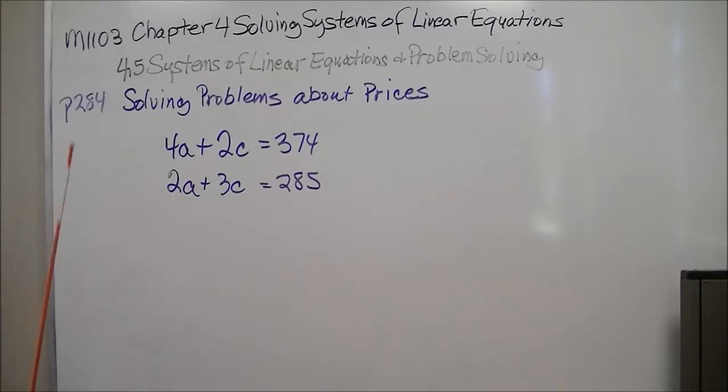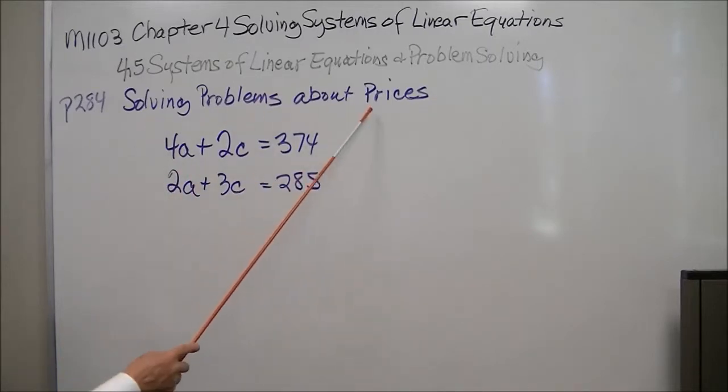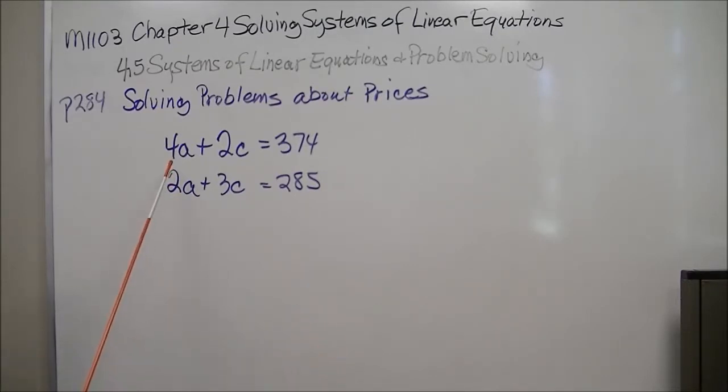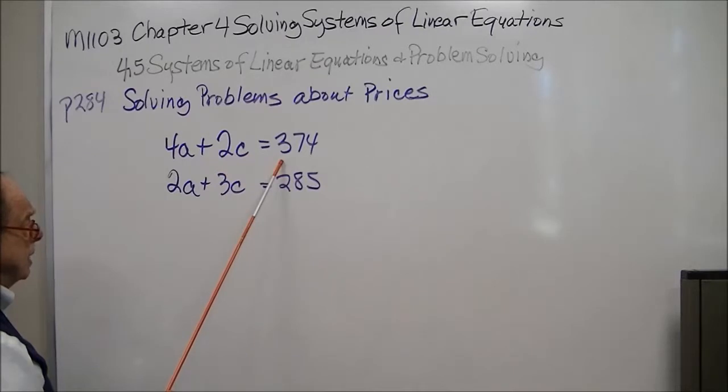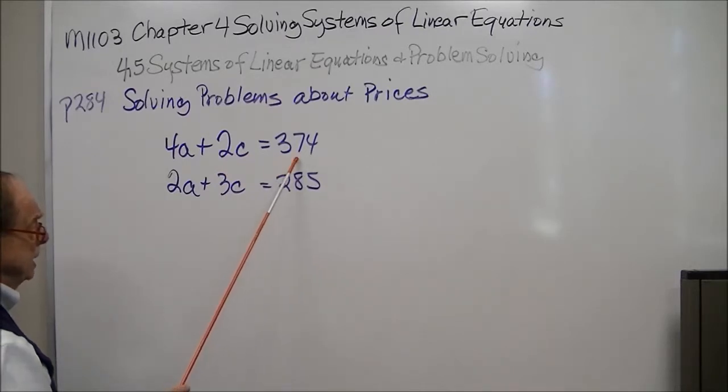In example 4, I believe, we're going to solve problems about prices. Now again, I'm not going to write it all out, but in Circus Olay, if you had 4 adult tickets and 2 children's tickets, the total cost would be $3.74.